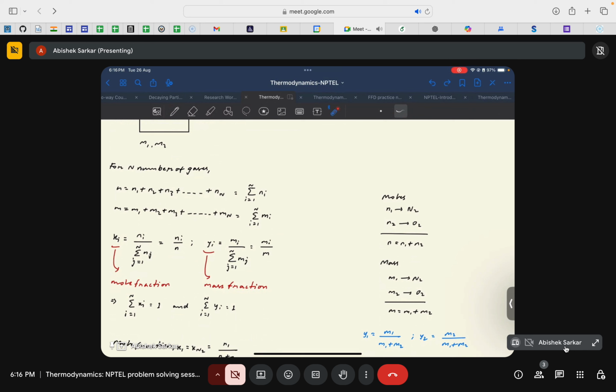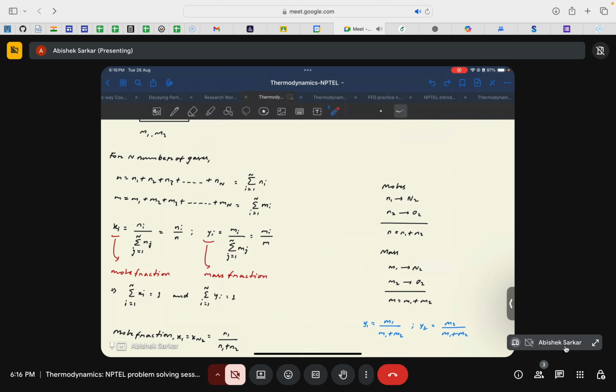If I am dealing with the ith component of the gas, then ni denotes the number of moles of that ith gas, and the mole fraction xi will be ni divided by the total number of moles, given by the summation of nj, j varies from 1 to n. You can write it with i as well, but to remove confusion we are using a different index here. Here the summation of nj corresponds to n from this relation, so xi is given by ni by n, where ni denotes the number of moles of that particular gas.